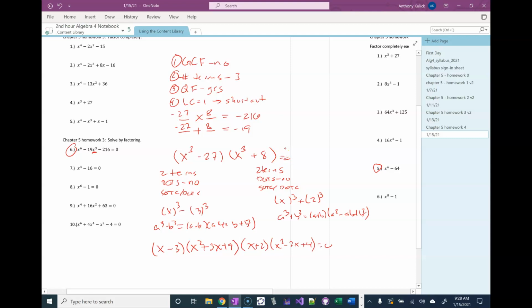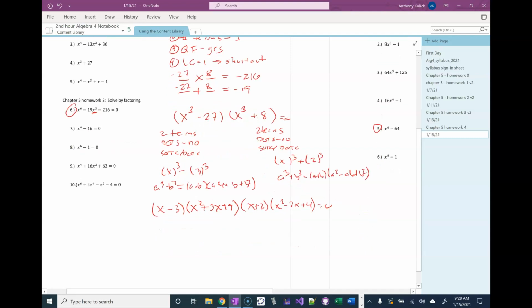If I check these to see if I can factor any more, x minus 3 and x plus 2 are linear, so I can't do anything more with those. The x squared plus 3x plus 9 and the x squared minus 2x plus 4 are quadratics that come from the sum or difference of two cubes, so there's nothing more I can do with those. So I'm done factoring. So now I can solve by setting each of these pieces equal to 0.